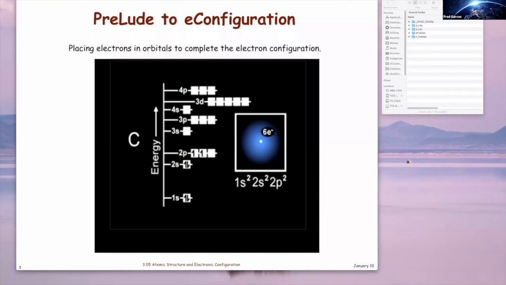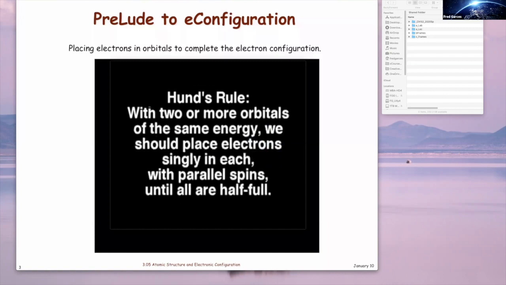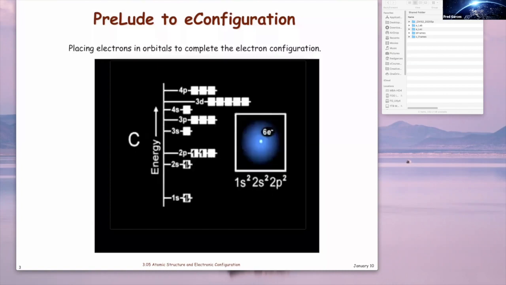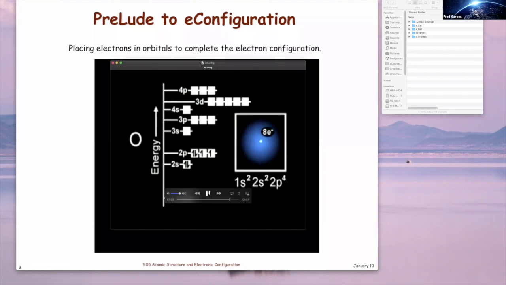Because there are 3 degenerate 2p orbitals, that is, orbitals of equal energy, Hund's rule tells us that with 2 or more orbitals of the same energy, we should place electrons singly in each, with parallel spins until all are half full. With nitrogen, we arrive at a half-filled subshell. A half-filled subshell is associated with special stability. As we come to oxygen, let me pause there.